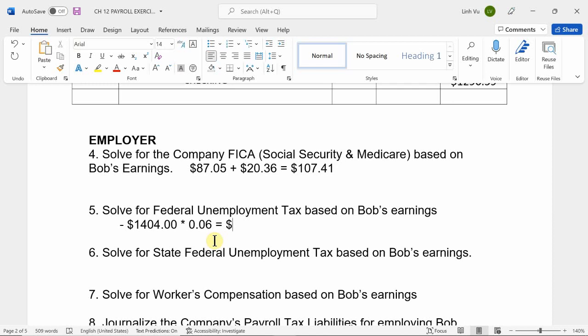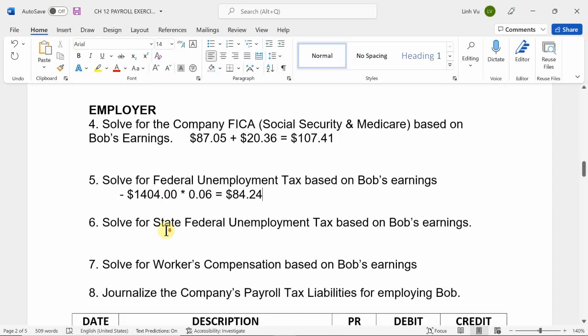It's $84.24. Okay, not 800 and whatever you said, it's $84.24.